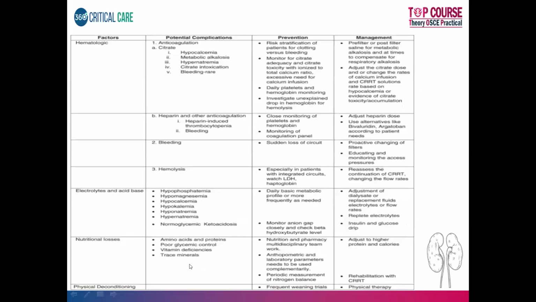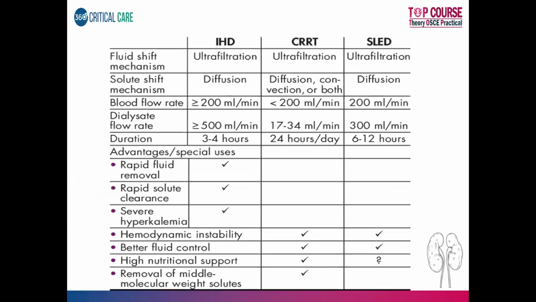Coming to hematological, as I told, anticoagulation related like systemic bleeding can happen, and citrate related toxicity, heparin induced toxicity like HIT, okay, hemolysis. These are all hematological factors. Then as I told, a lot of electrolyte and acid imbalances. Yes, some nutritional losses can happen, and physical deconditioning can also happen.